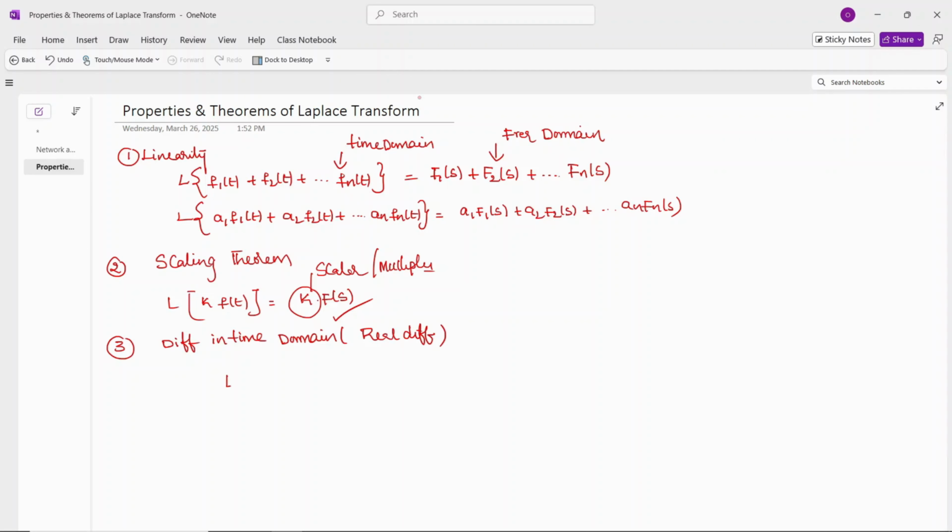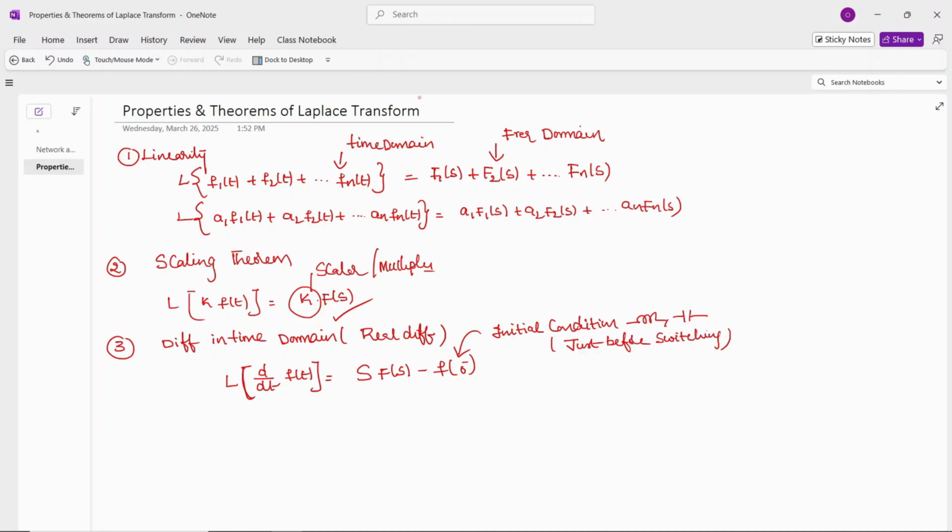That is, Laplace of d by dt of f of t is equal to s into F of s minus f of 0 minus, where this represents the initial condition of the inductor or capacitor, just before the switching operation. This is what we call differentiation.